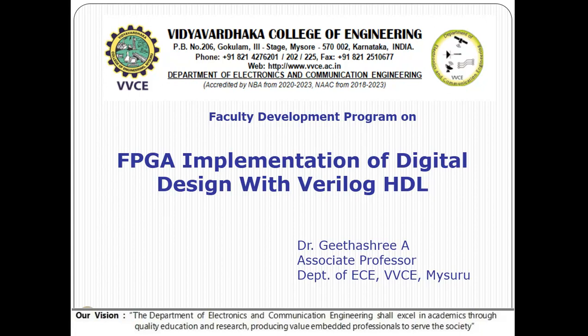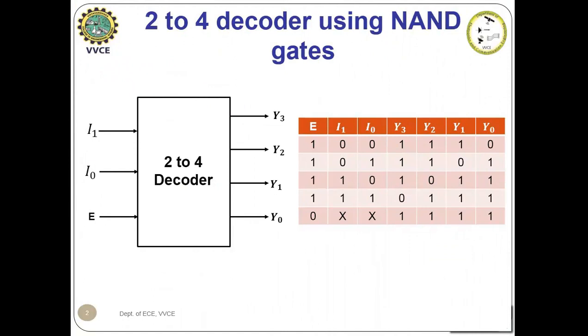I will be dealing with the combinational circuit design using Verilog HDL. The first program that I will be doing in this particular section is 2:4 decoder using the NAND gate.